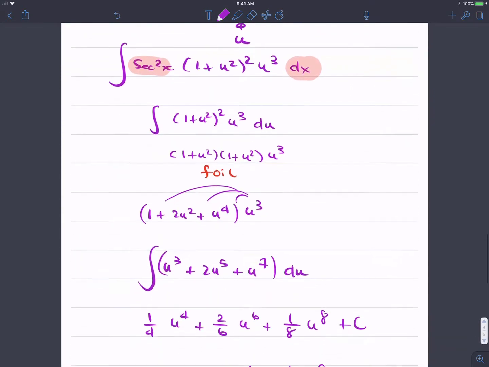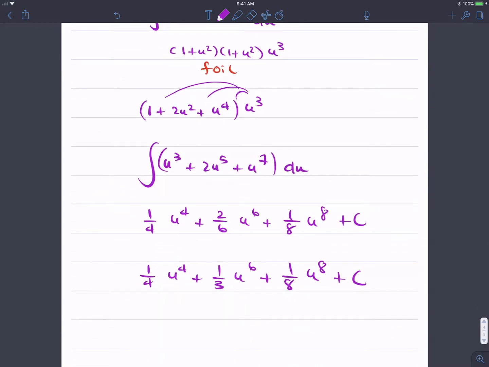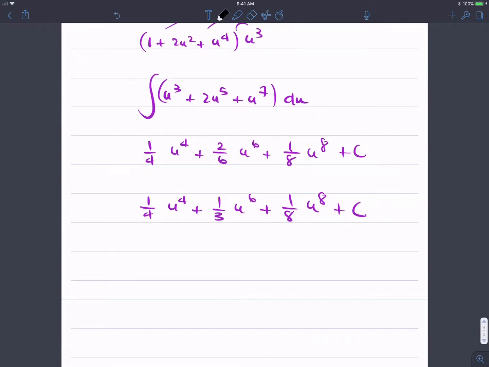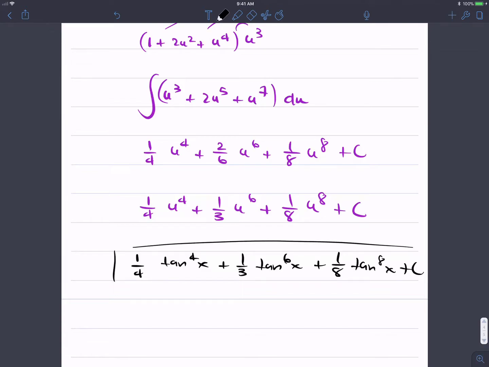So we're going to replace u with our tangent in our final answer. 1/4 tangent to the fourth power x plus 1/3 tangent to the sixth power of x plus 1/8 tangent to the eighth power x plus c. And here's the answer here.